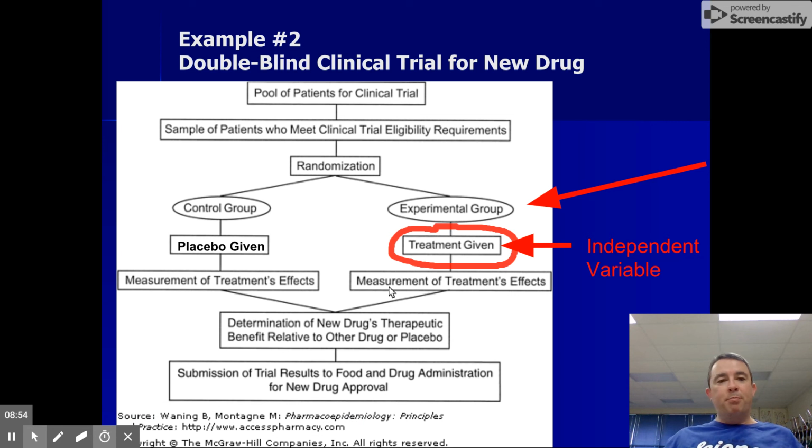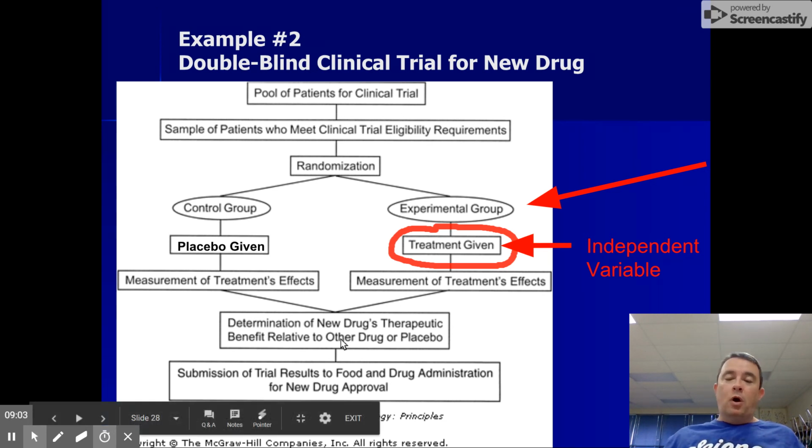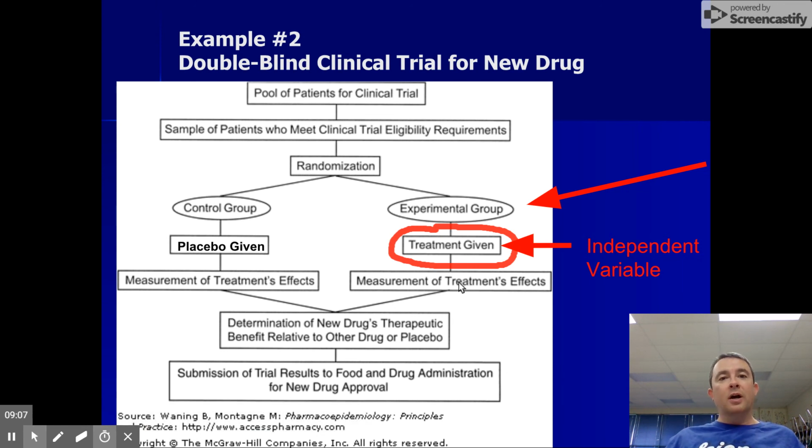That is to say, both groups, we would measure the size of their tumors. Are they shrinking? Are they growing? And at the end of the study, hopefully the experimental group will show a dramatic reduction in tumor size and maybe even be cured. And in the placebo group, the control group, probably the tumors are going to be the same size, or maybe they've continued to grow.